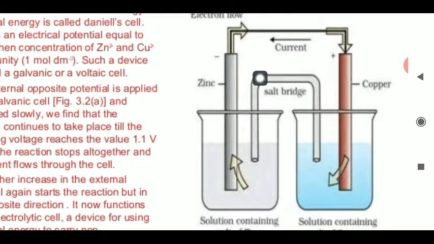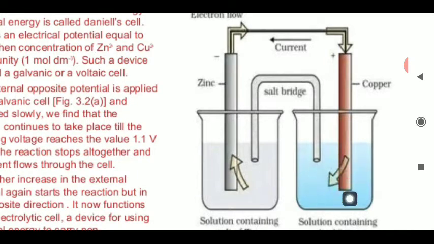For this purpose, this U-shaped tube, the salt bridge, is added in this beaker. This salt bridge internally has cations and anions. In this beaker, all the zinc ions can combine with the chloride ions coming from this salt bridge. The Cl negative ions come from this side to this side, and combine with the zinc ion and form the neutral compound ZnCl2.